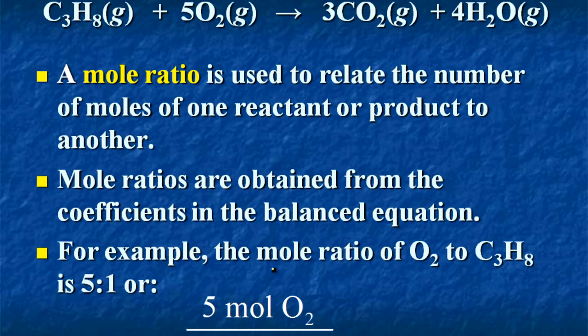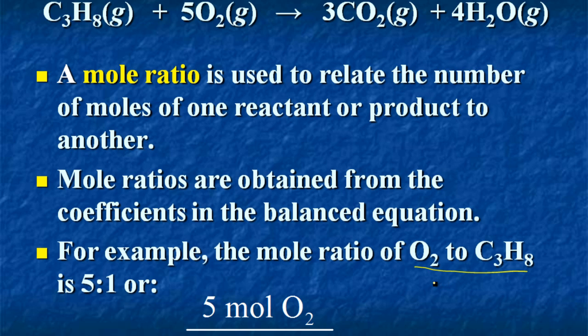This question was asking the mole ratio of oxygen to propane. Correct? Oxygen to propane. So you took the number of oxygen first, then propane. The ratios are read as 5:1, right? So you should take the clue from how the question is worded.